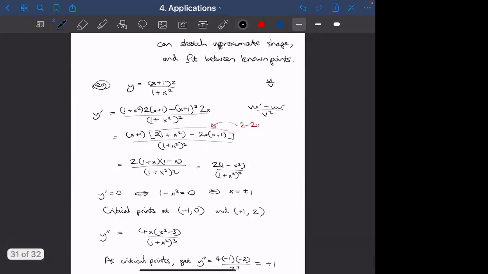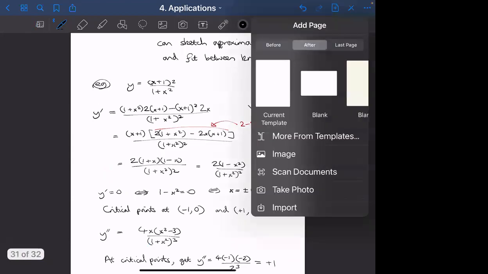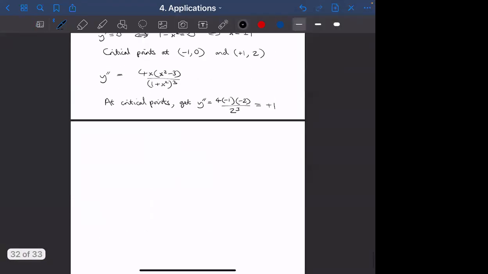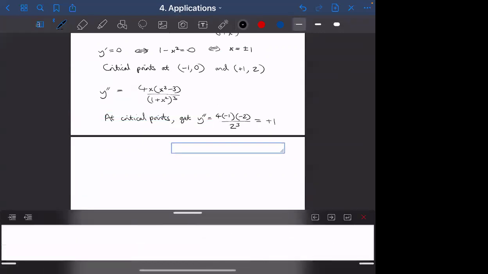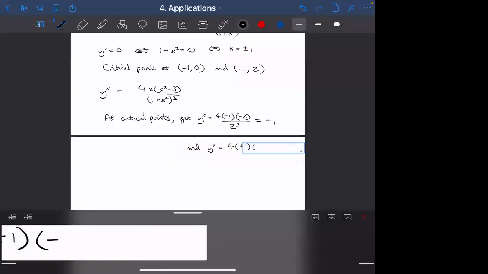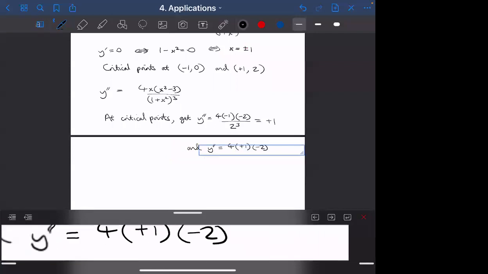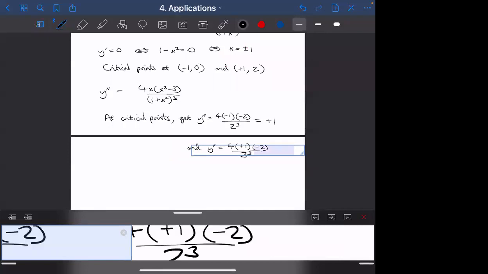And at the other critical point, I get a minus 1. So it's by the same sort of calculation.